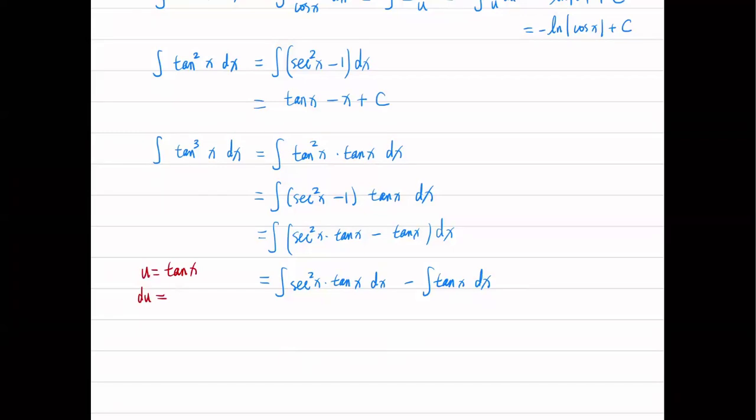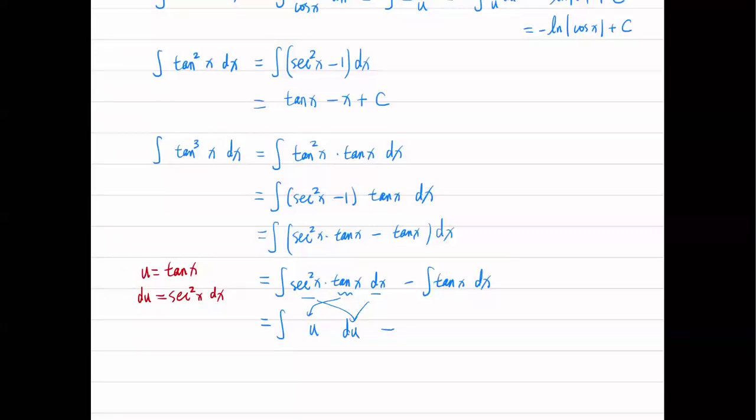It's correct. It's correct. Derivative of tangent. Okay, so we use the substitution. Okay, now tangent is equal to u, secant squared dx goes to du.